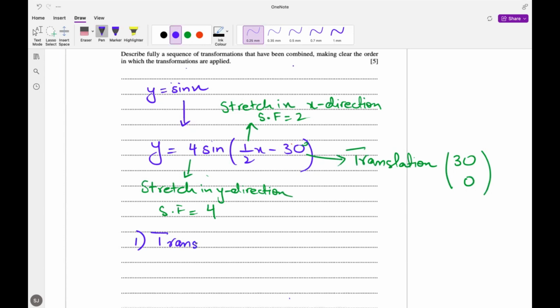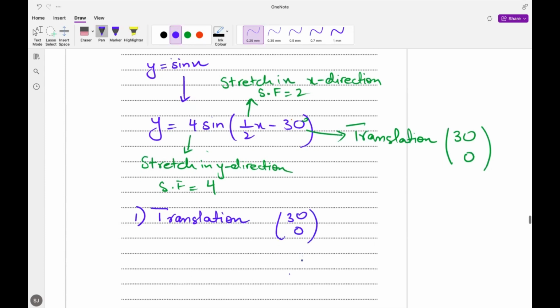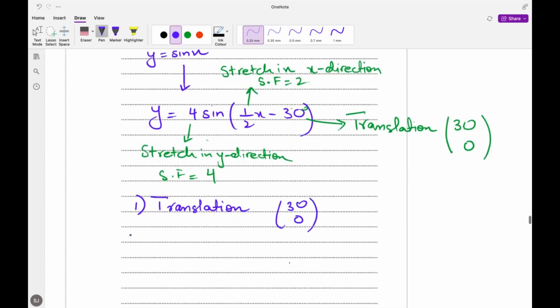We can write it as there will be a translation first. So this will be a translation of (30, 0). So this is basically addition or subtraction in the x direction. And then the stretch, which is a multiplication in the x direction. So we'll write stretch in the x direction, and the scale factor will be equal to 2.